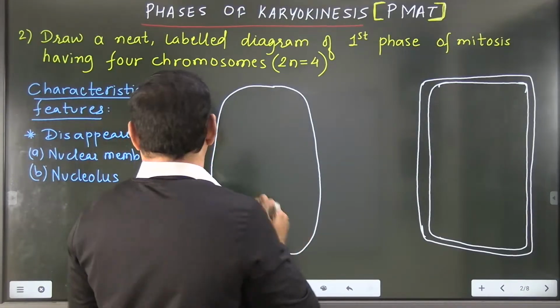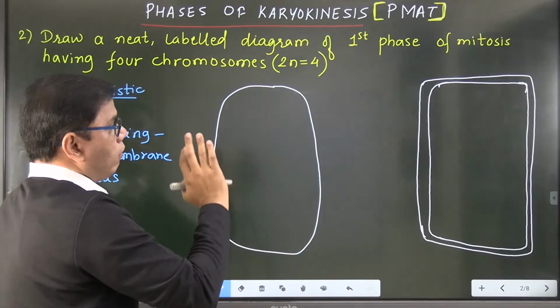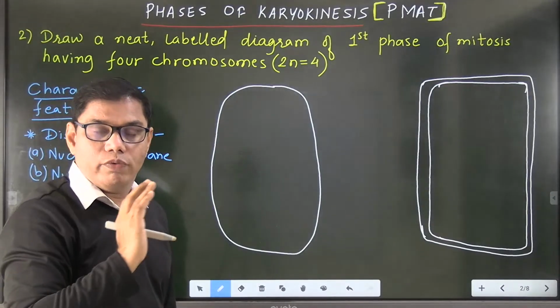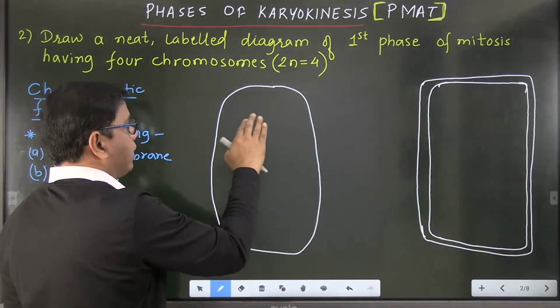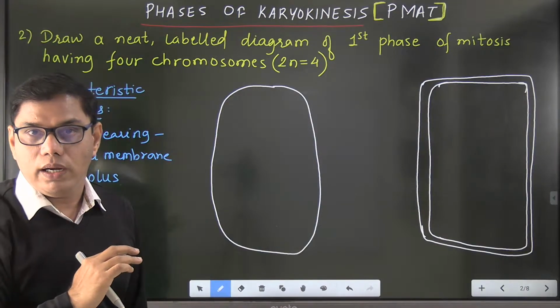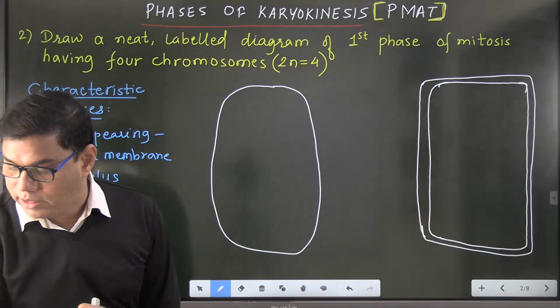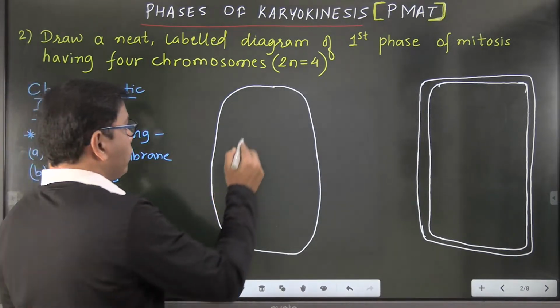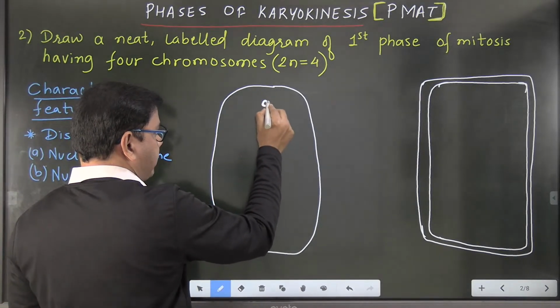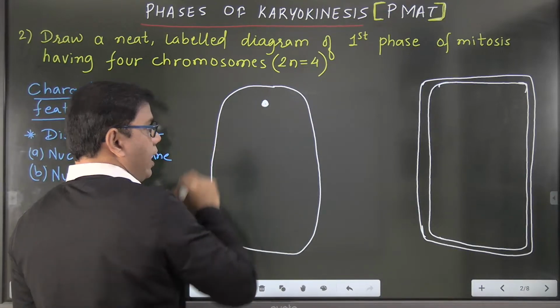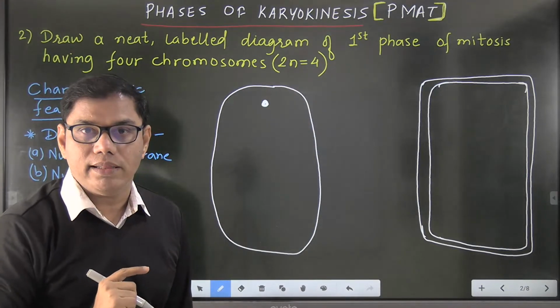Now what we will do is draw one structure which is present only in the animal cell, which is called the centriole. See, this dot represents the centriole. And the centriole is absent in the plant cell.